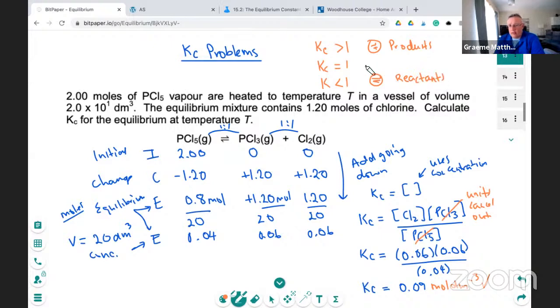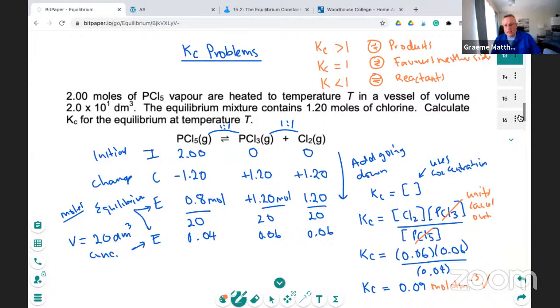And if it's just equal to 1, the equilibrium position favors neither side. Kind of an odd one to have, but mathematically it could work out.